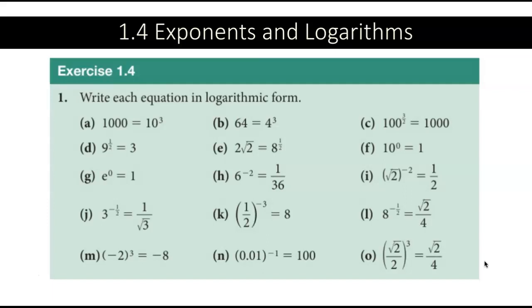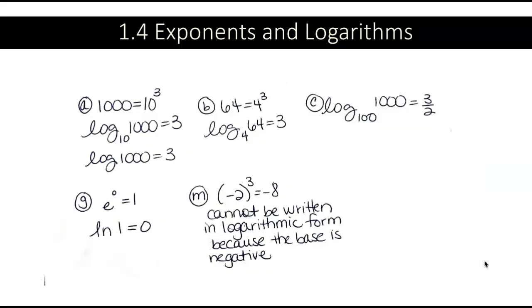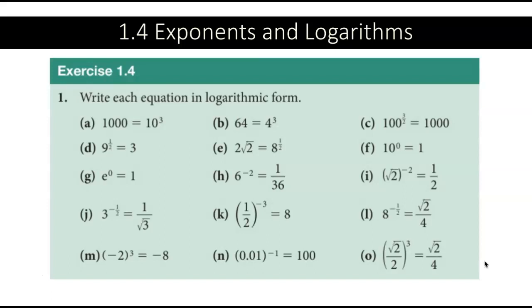The only one that's different here is G. For G, we have e to the 0 power equals 1. Because in this case it's not base 10, I'm going to put ln. So the natural log of 1 equals 0. The other one that's a little different is m, because for m, the base is negative.